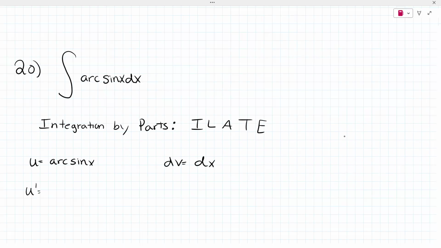So what's the derivative of arc sine, or really sine inverse of x? It is going to be 1 over square root of 1 minus x squared dx. And then I have to find v by taking the integration of 1 dx, which is just x.